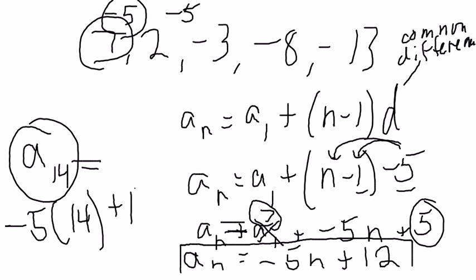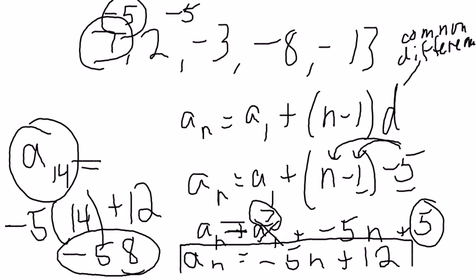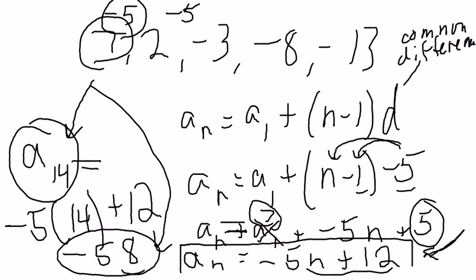And we have to multiply that out. And that's going to give us -58. And that's your answer. So here's your formula right there. And for the 14th term, it's going to be -58 because we put it in the formula, and that's how we come about that.